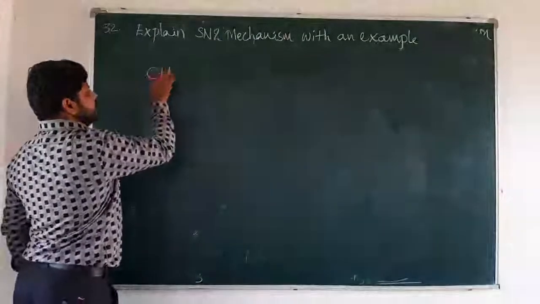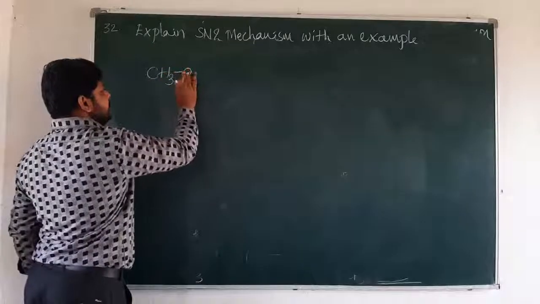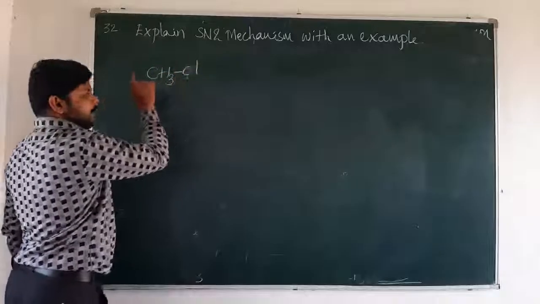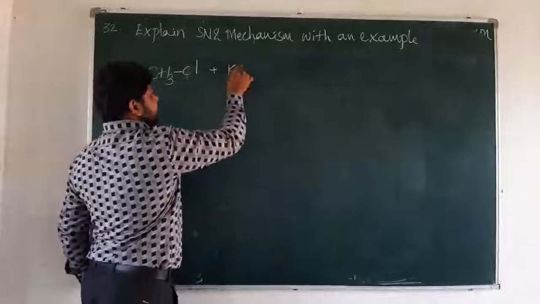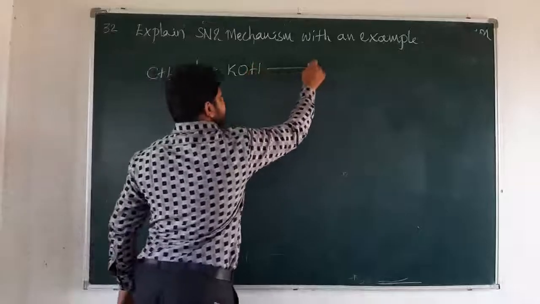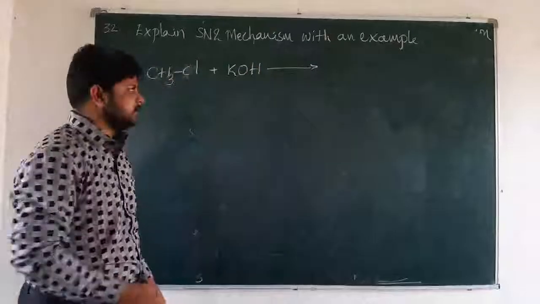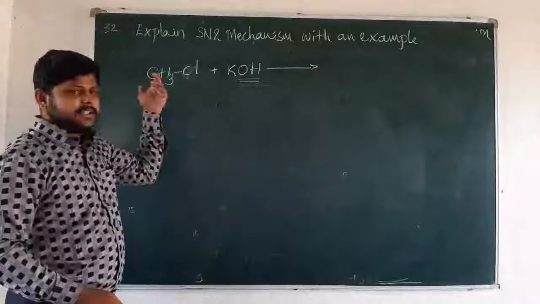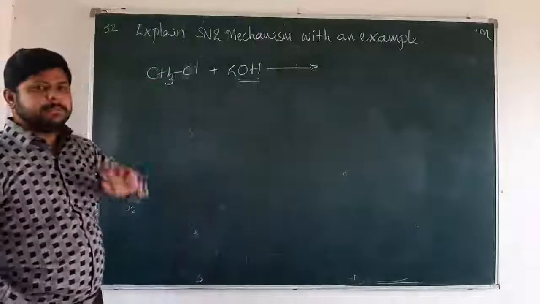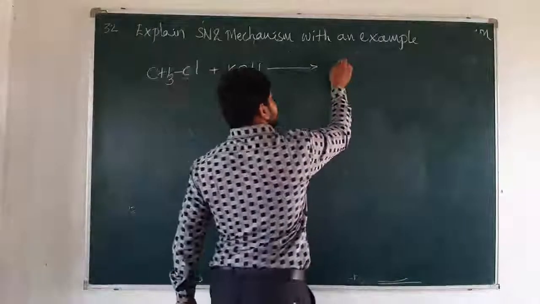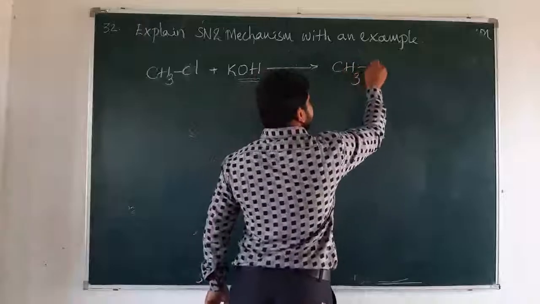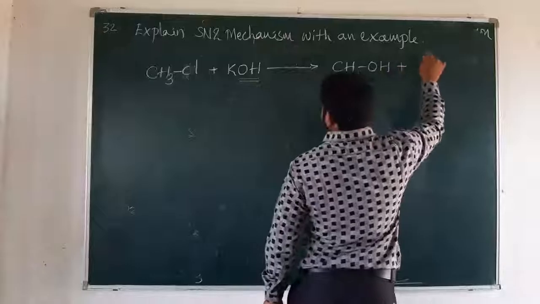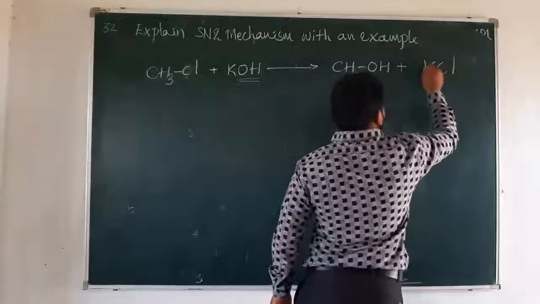First of all, I will write the reaction: CH3Cl, this is methyl chloride, plus KOH, same example. This is also a nucleophilic substitution reaction. Here OH minus is a nucleophile which attacks this carbon and replaces Cl. So it will be converted to CH3OH plus the remaining KCl.